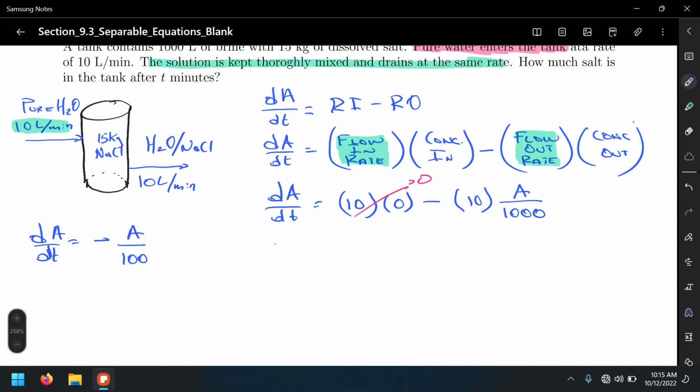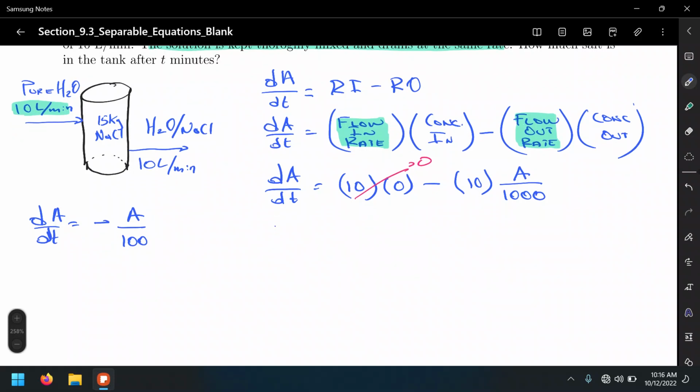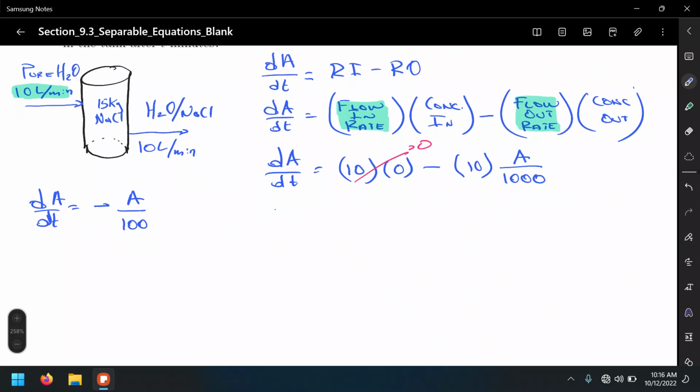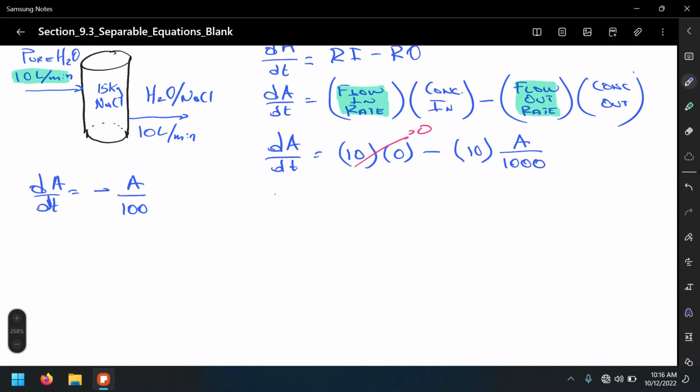And it makes sense to have a negative sign on the right hand side. It makes sense to have a negative rate of change because, again, that amount of salt inside of the tank is getting smaller every time due to water coming in and obtaining a mixture of water and salt. All right. Okay, so I think we have all the information to separate variables and solve a differential equation.